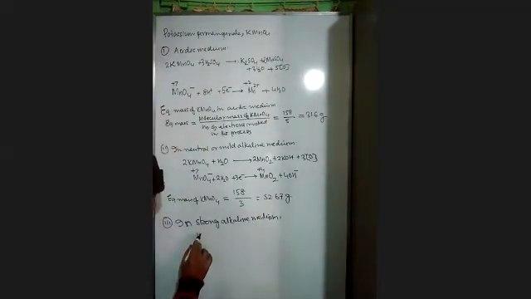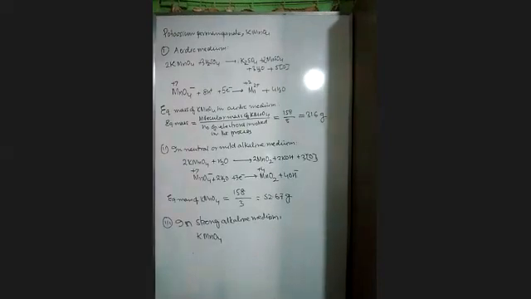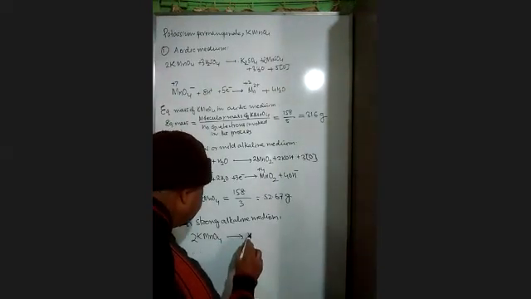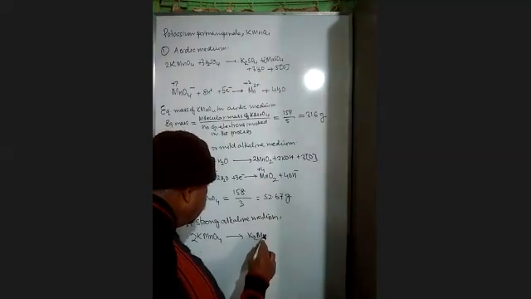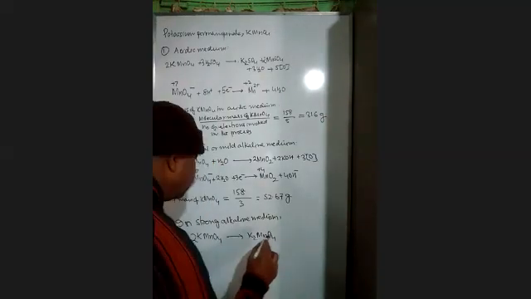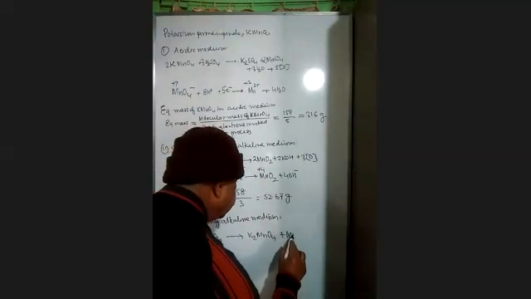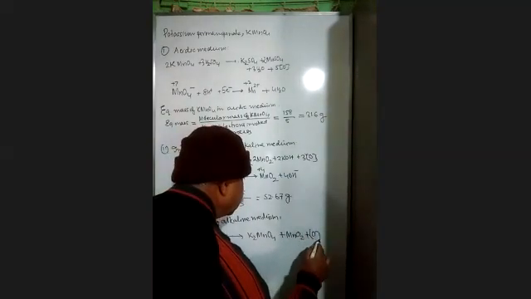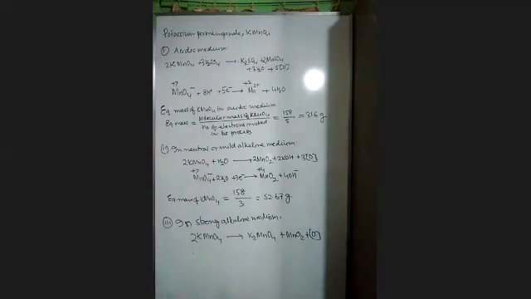See here, KMnO4 in strong alkaline medium gives us K2MnO4 plus manganese dioxide plus O. So it is only one oxygen oxidation.